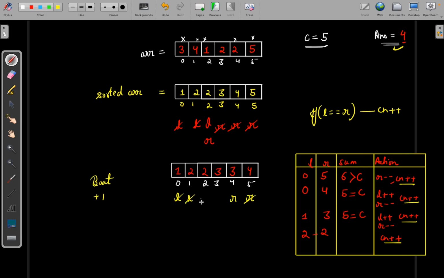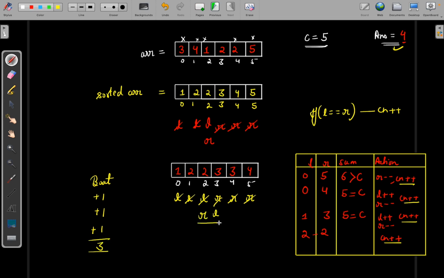You will move both the pointers and update the boats count. Now again L and R make 5, which is equal to capacity. Again you will move your L pointer and your R pointer, and the boat count will be plus 1. So here the total boats required is 3, and that is the answer as well.